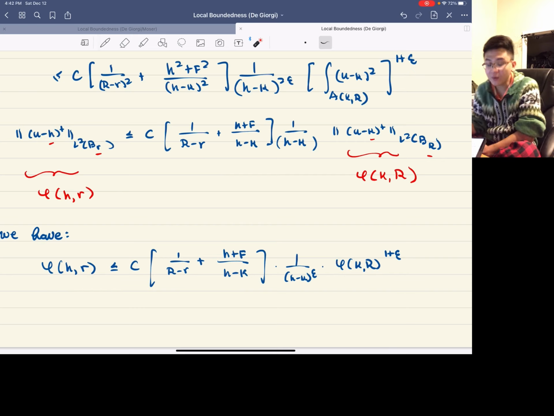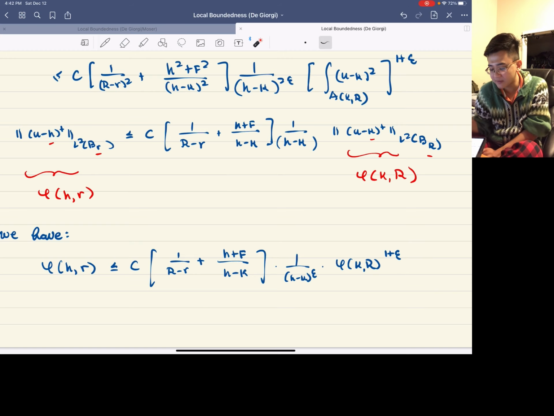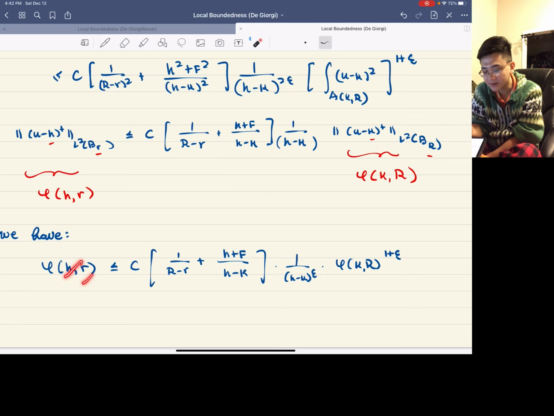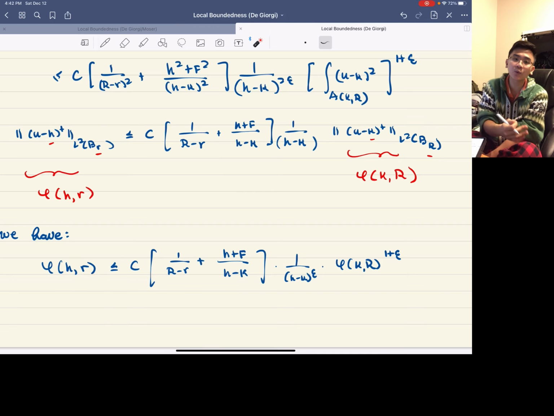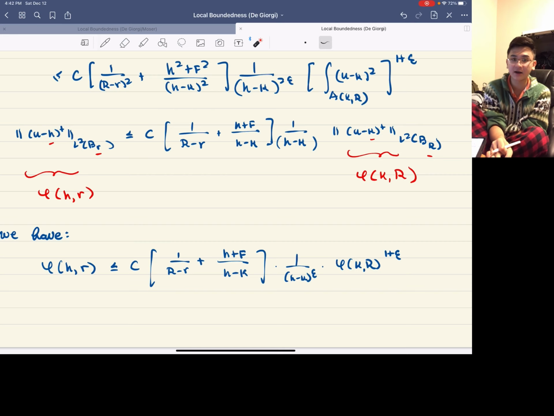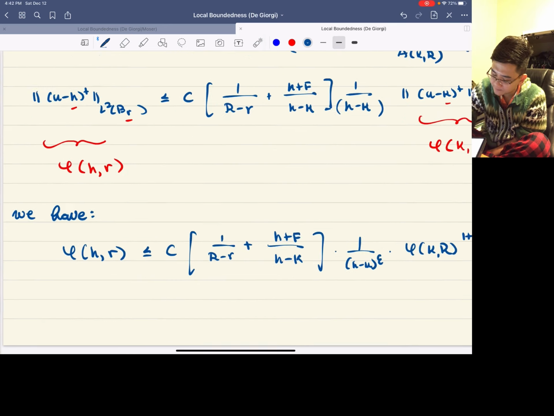Okay, so now in order to obtain some kind of an iteration scheme, we need to produce a sequences k_l and r_l, where k_l would converge to the k that we want, that we don't know yet, and r_l would converge to 1/2. So let's just note that.